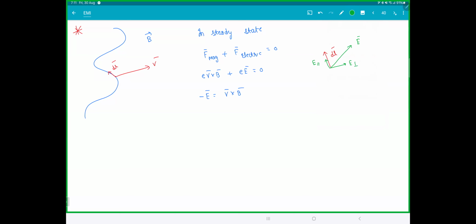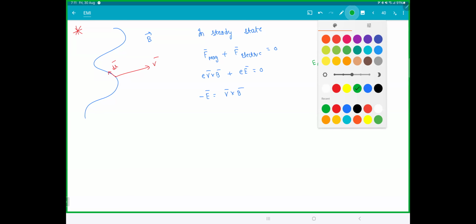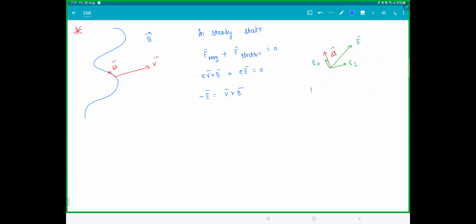And we know the potential difference comes only because of the EMF, the E parallel. So E parallel is responsible for EMF along dL. E dot dL, no?